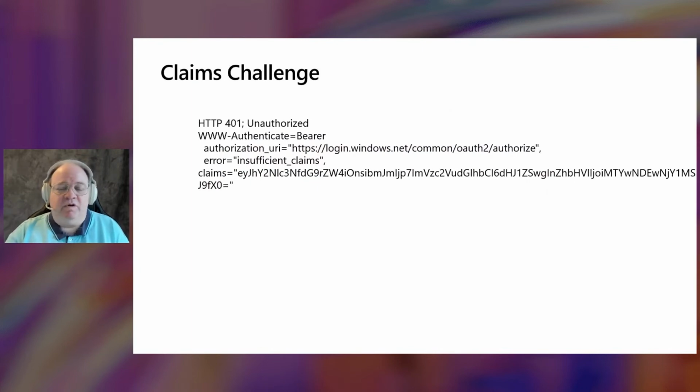Now, you might have used this token a minute ago, and it's good for another hour, let's say, but you'll get the 401 unauthorized because continuous access evaluation has kicked in. We will include in that response a WWW-Authenticate header, a Bearer header, saying I've got a bearer token here. And what we'll do then is, for example, the authorization URI will point you back to Azure AD.